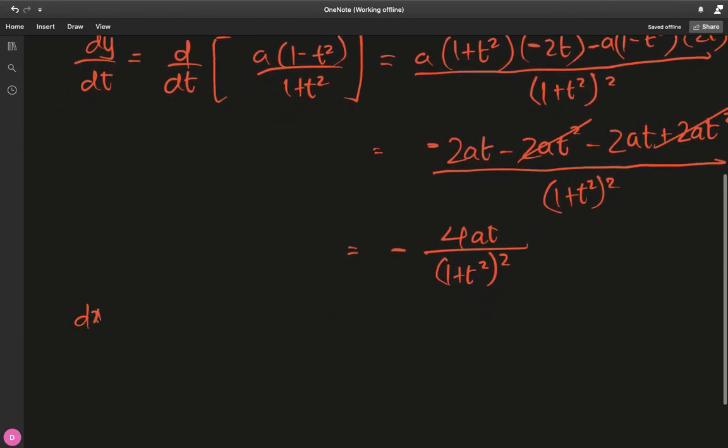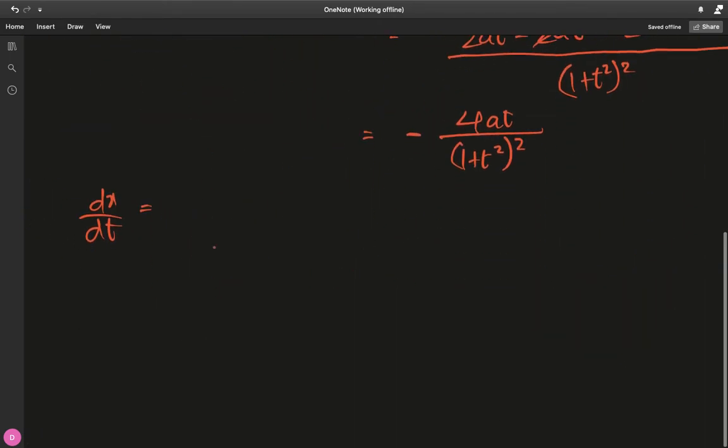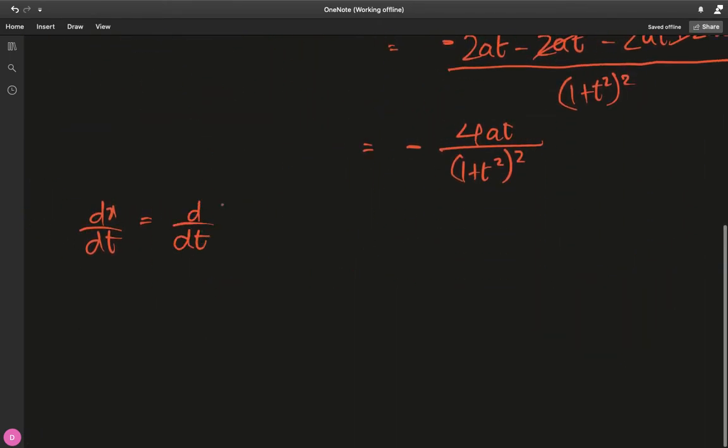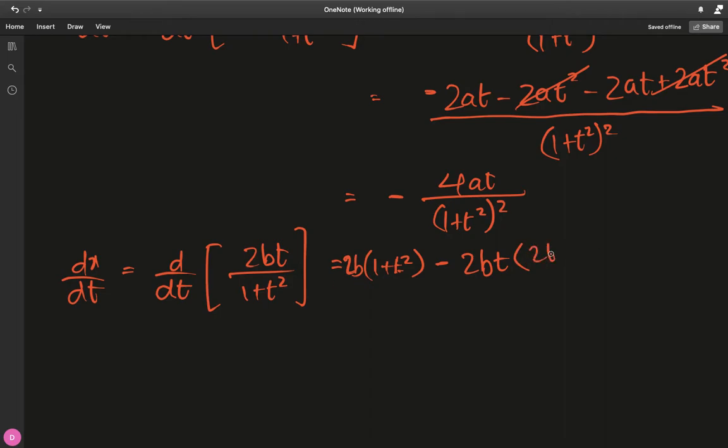Now dx over dt is just going to be d over dt of 2bt over 1 plus t squared. Again, quotient rule because of the t in the numerator. So we have 2b outside, 1 plus t squared, derivative of t is 1, minus 2bt times the derivative of the denominator, which is 2t, over 1 plus t squared squared.